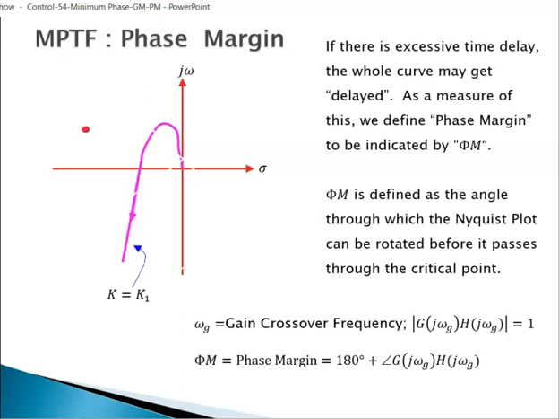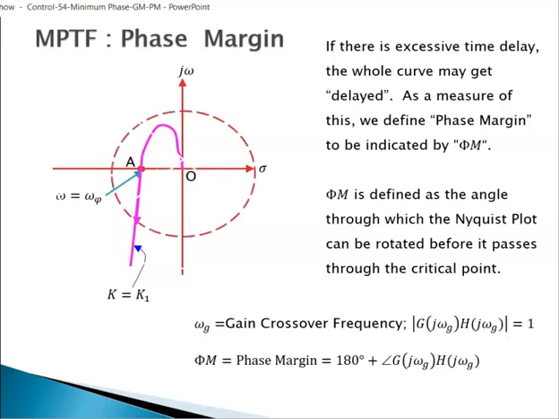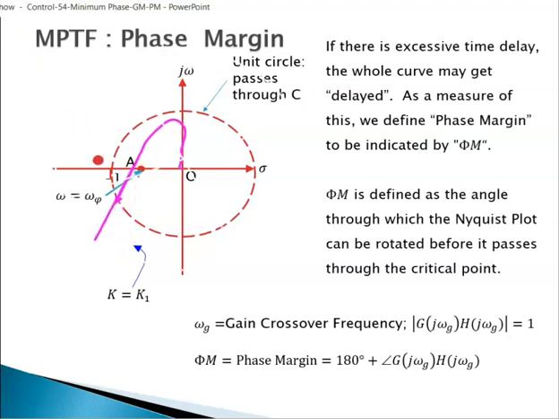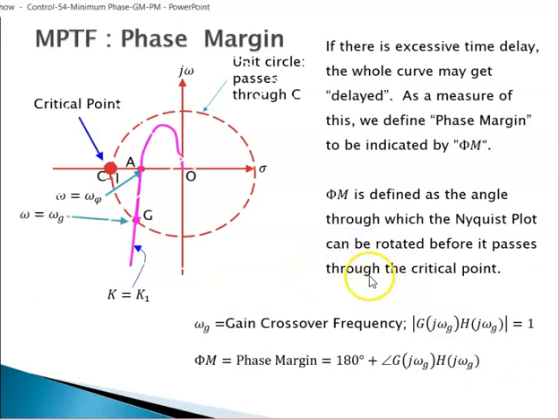I'll just show it once again so that you can see the curve is moving. You can see that is the point of intersection, and the curve rotates and passes through the critical point. The angle through which it moves, represented by this angle, is the phase margin.